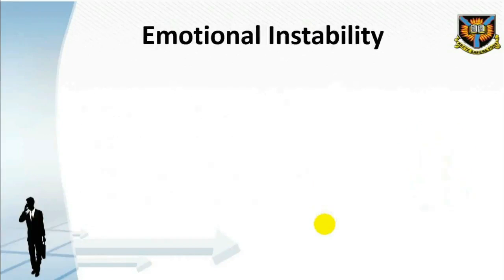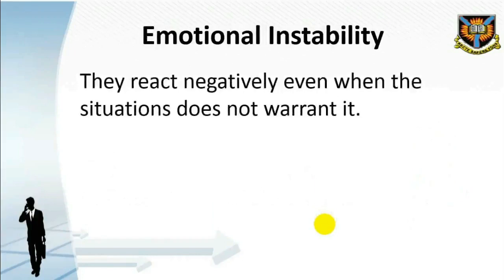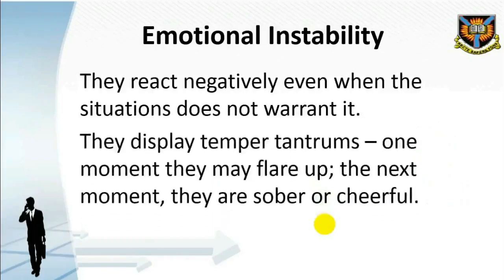They react negatively even when the situation does not warrant it. They display temper tantrums. One moment they may flare up, the next moment they are sober or cheerful. Somebody meeting them for the first time would definitely conclude that their behavior is unusual.